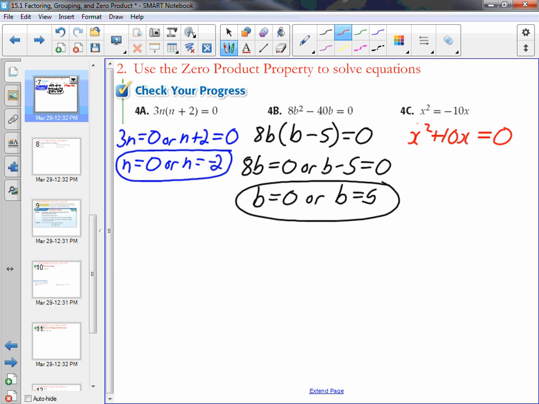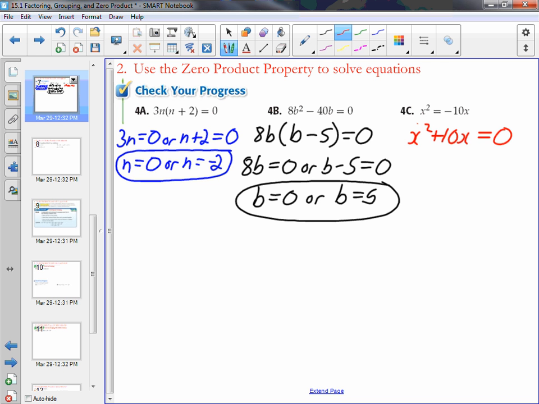Yeah. So, listen closely. Whenever your equation's not prepackaged for you, already factored, or all the terms in order for you, here's what you want to do. You want to get all the terms on one side and 0 on the other side of your equation. And you want your first term to be positive.